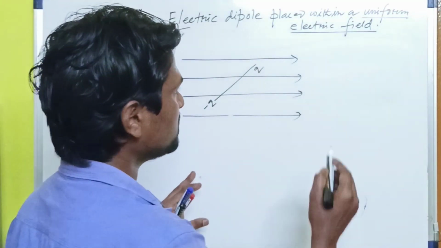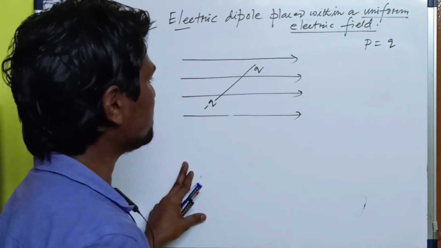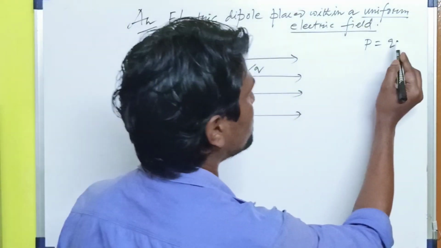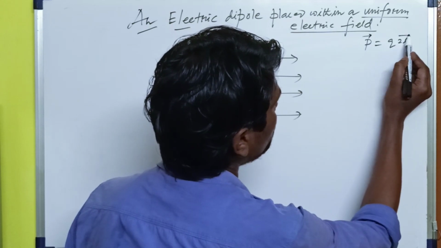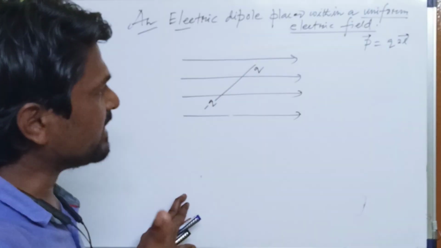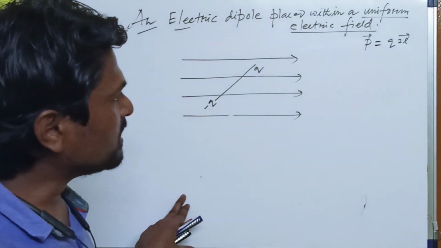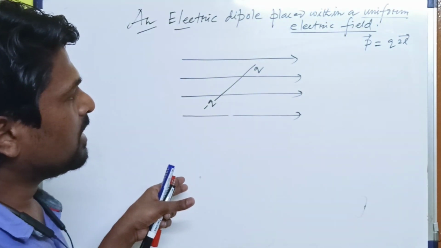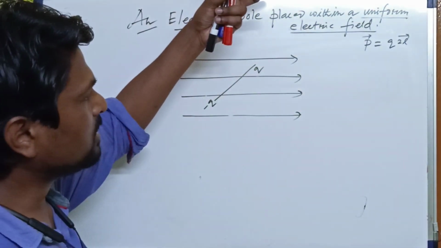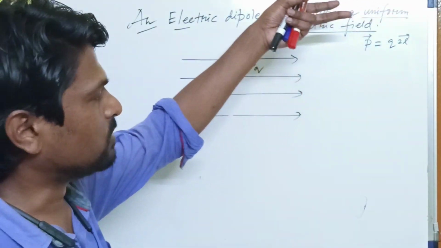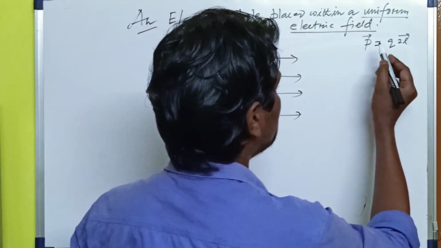What is dipole moment? It is the product of any one of the equal charges and the separation between them, that is taken as 2L. So P equal to q into 2L, and it is a vector quantity. Dipole moment is a vector quantity. What is dipole moment? Then you have to write down that a dipole moment is the product of any one of the equal charges, any one, that is you have to take the magnitude only, and the separation between the two charges.